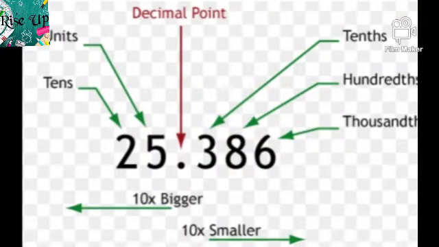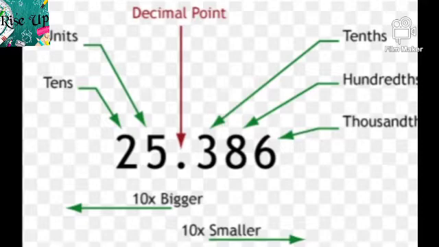Right, and here they have given a number, 25.386. So this is a decimal number, and you can see that between the numbers 25 and 386 the decimal point is placed. Since the decimal point is placed, when you are reading this number you should read it as 25 point, and the numbers after the decimal point should be read as single numbers, like this: 25.386.